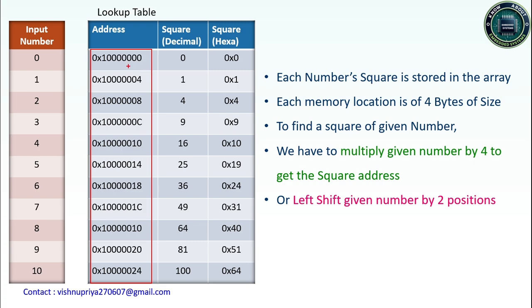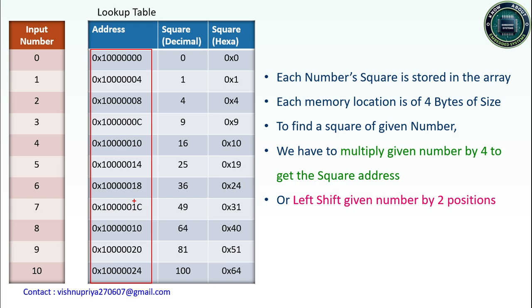If you observe here, the difference of each memory location, so this is 0, this is 4, this is 8, and it goes on like that. Every number is going to be stored in a memory location with a 4 bytes of difference. So 0, 4, 8, C, like that we're going to store it in the memory location. So this concept is called as lookup table method, or a table method we will call.